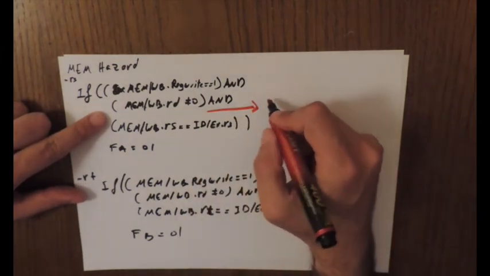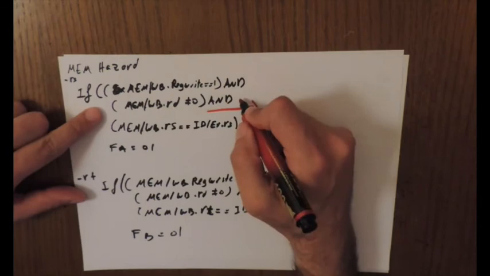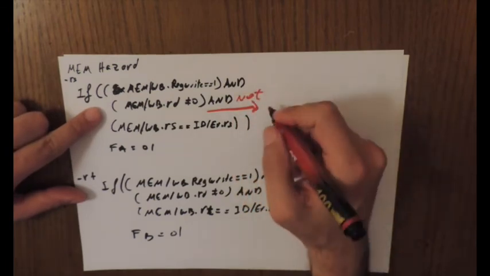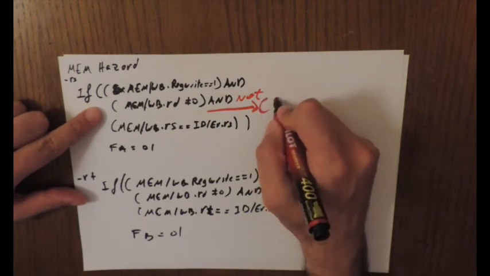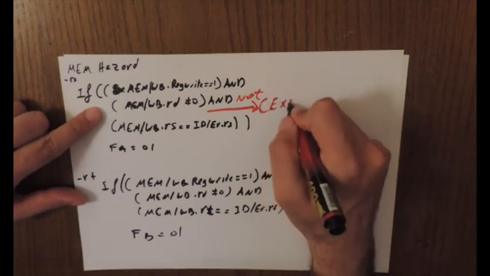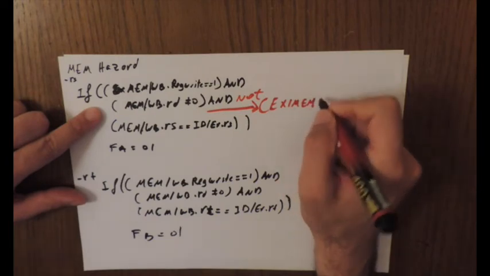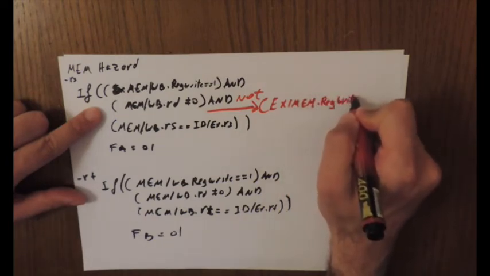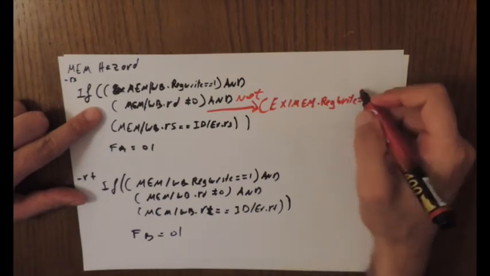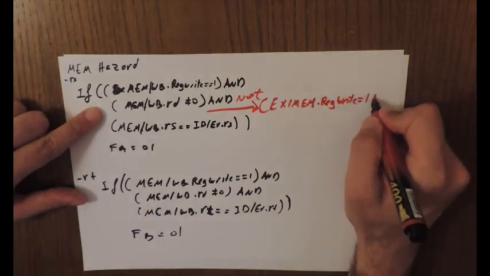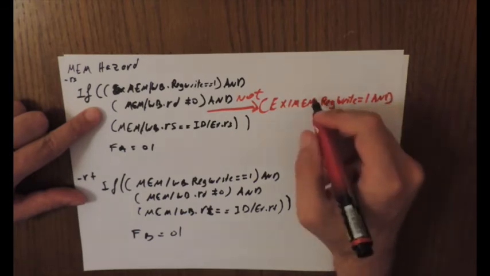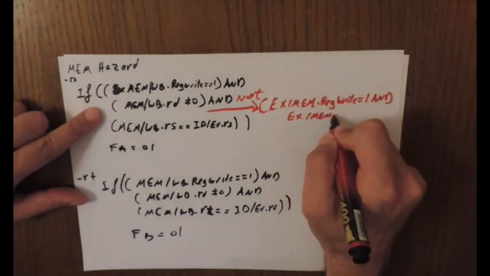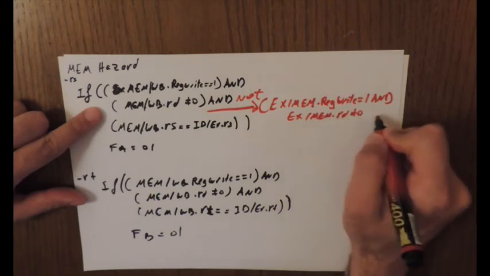I'm going to add here, and I'm going to say this is and not, EX over memory dot register write equal 1, and EX over memory dot RD not equal 0.